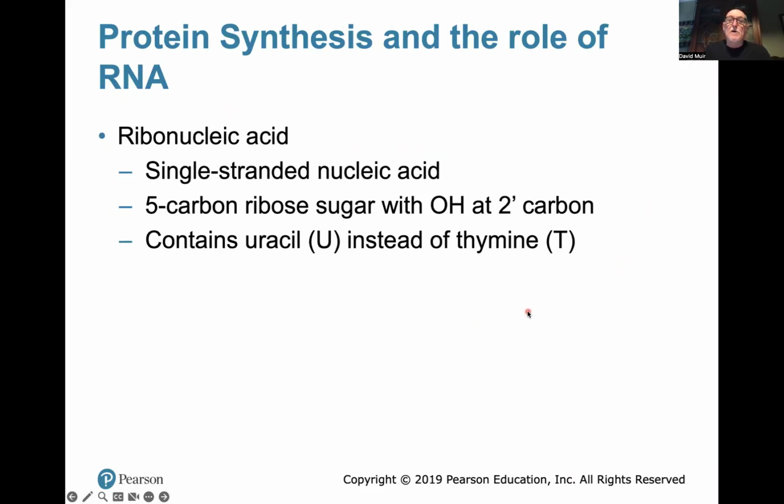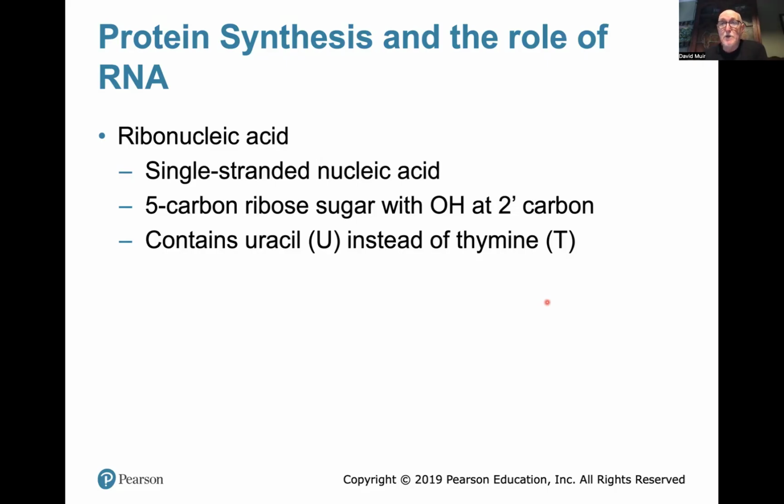Okay, so we are now going to have a talk about the way in which DNA directs the creation of protein molecules. And so the first thing to remind you, go right back to the very first slides where I talked about the two kinds of polymer that we need to consider. The first polymer is that of the polypeptide.